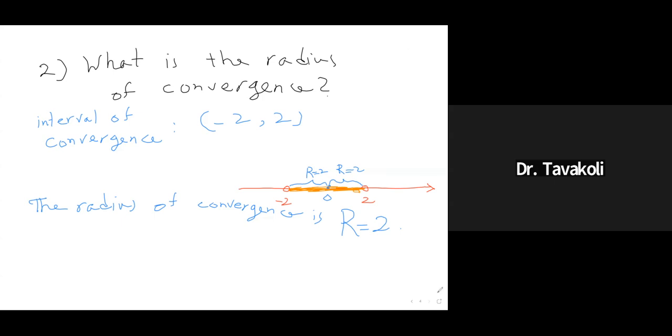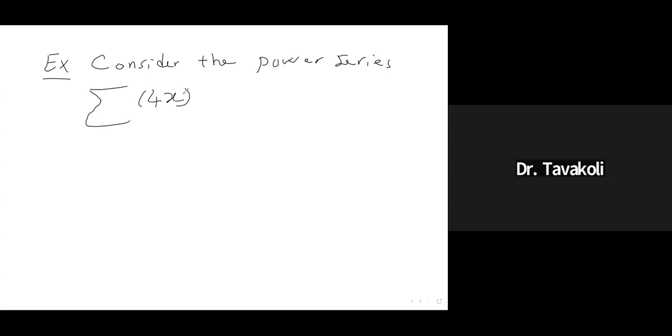Let's do another example. So consider the power series sigma 4x raised to the power of k, and k runs, as I mentioned, it could run from 0 or could run from 1 or any other positive integer up to infinity.